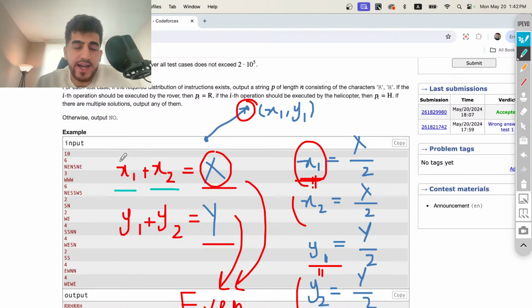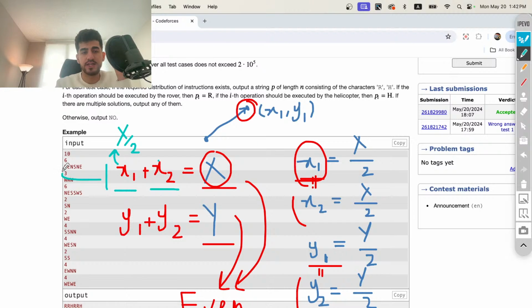So if x1 is equal to capital X half, then x2 is definitely capital X half as well, because the sum of x1 and x2 is equal to capital X. By this definition, x2 is obviously equal to X minus x1.